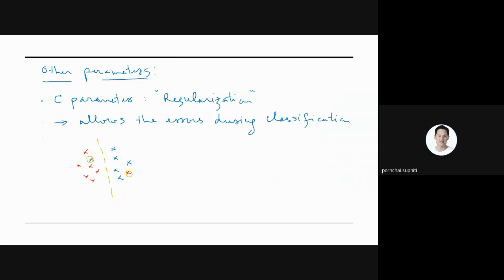When you have some data points that don't separate from each other 100%, then if you don't allow such errors, your boundary will be very strange. You can try to make boundaries like this. Let me use a different color, maybe blue.